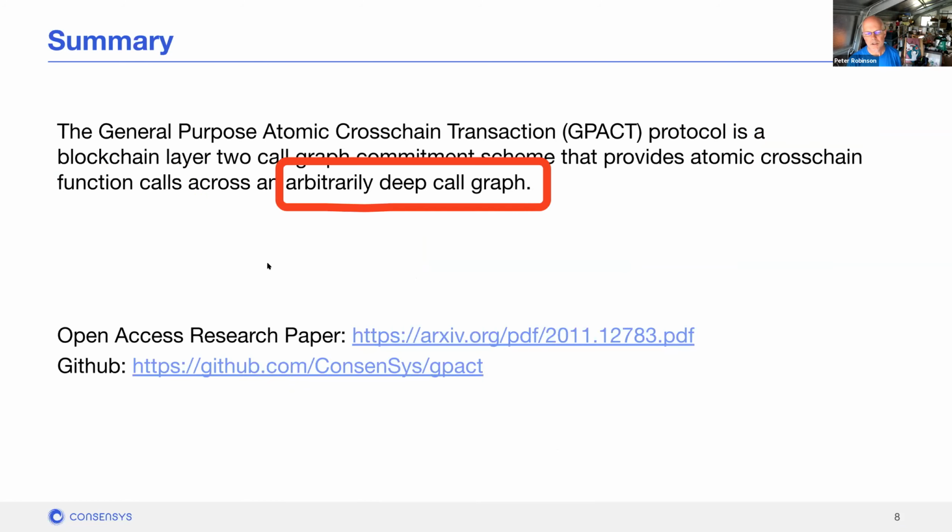Oh, and arbitrary call depth. So the system is designed to allow for not just, say, 2 blockchains, but many blockchains and many call depths. So you could have one function calling another function, calling another function.